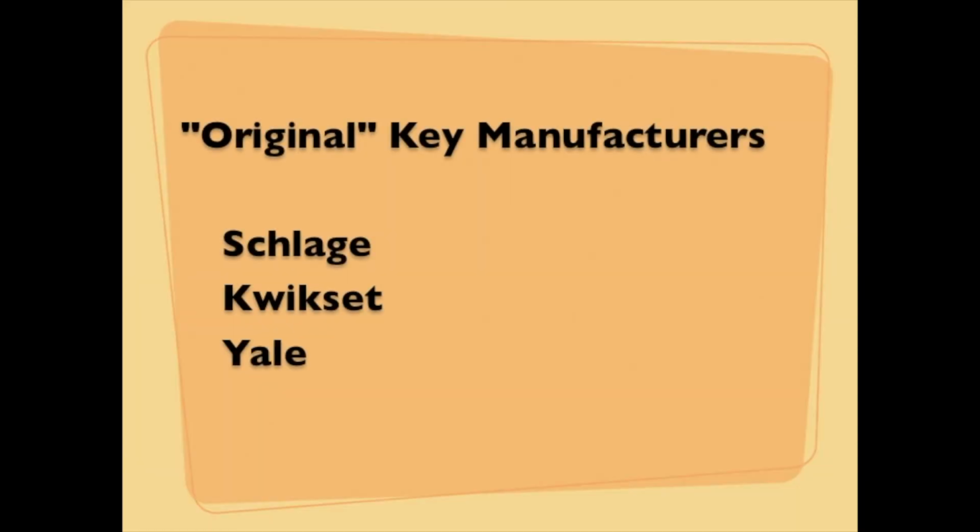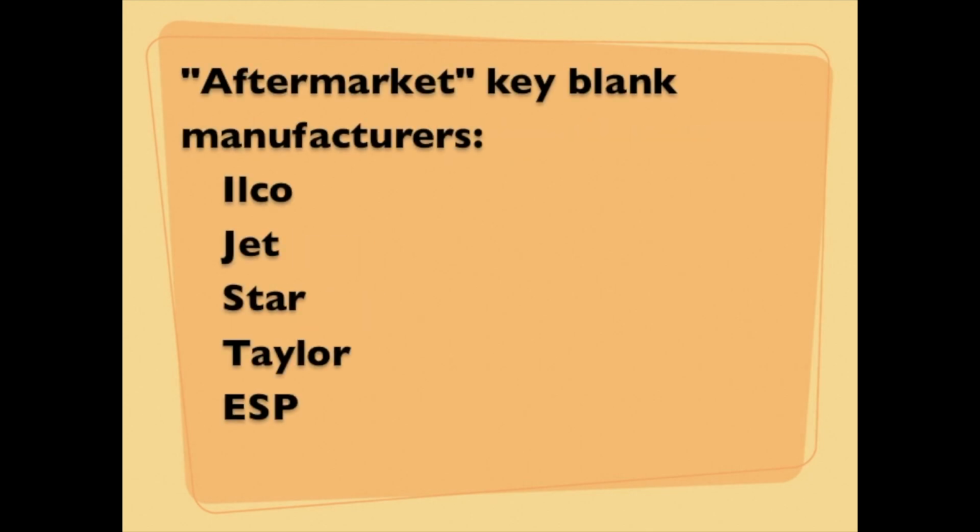Of course, the key blanks have to be cut before they will work a lock. For example, Schlage, Kwikset, and Yale all make keys which come with their locks. These are called original keys. Then there are companies like Ilco, Jet, Star, Taylor, and ESP which make key blanks.